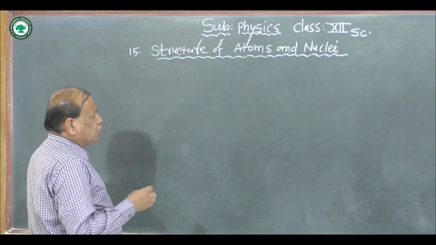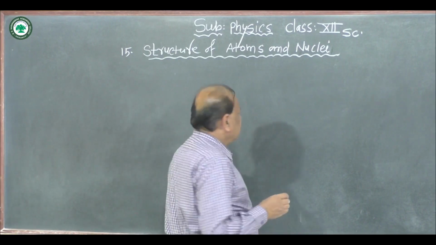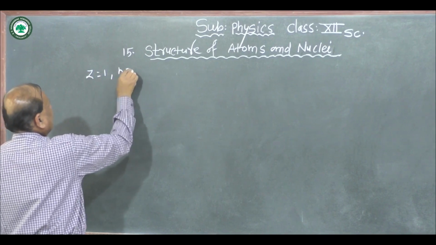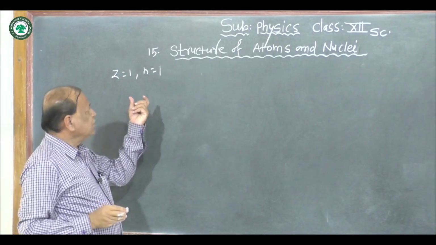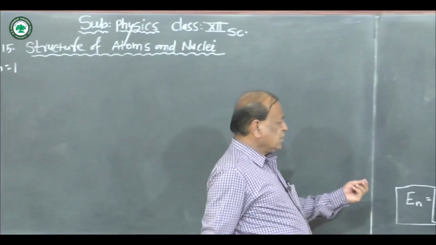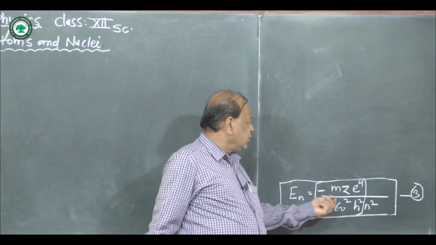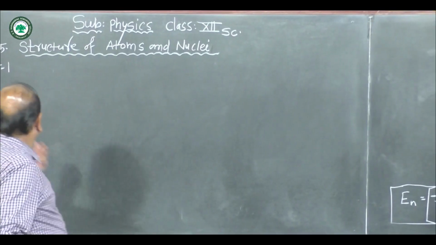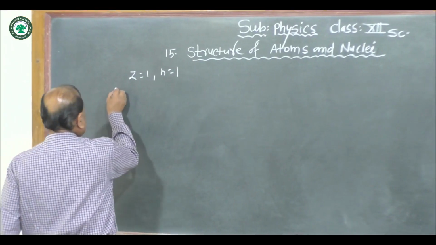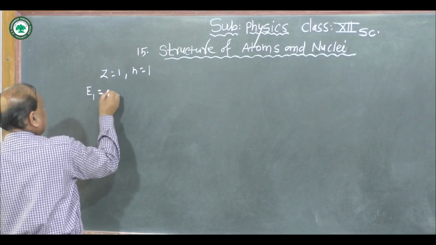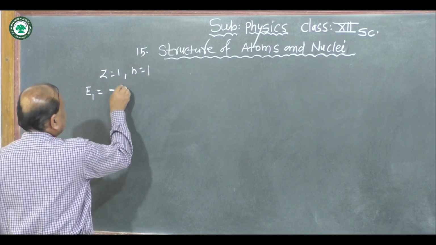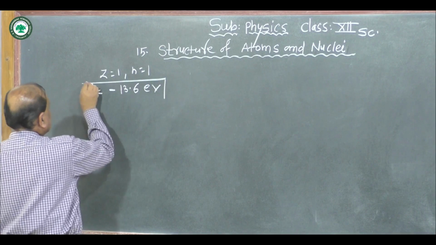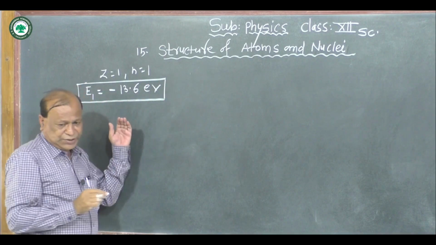Now, putting the values of atomic number Z equal to 1 and n equal to 1, that is the first orbit, and again putting the values of mass of electron, charge, epsilon 0, and h, we get the value of E1 for the first orbit equal to minus 13.6 eV, electron volt. This is the energy of the first orbit.